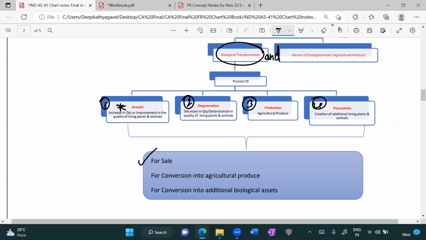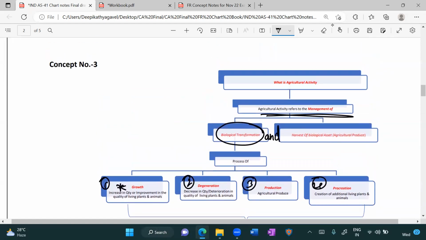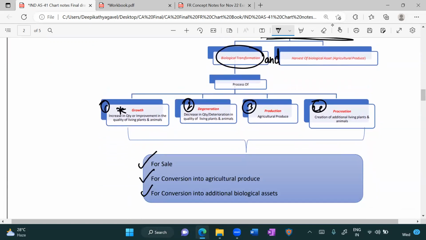Either you're doing it for sale, or for converting it into an agricultural produce, or for converting that into additional biological assets, right?